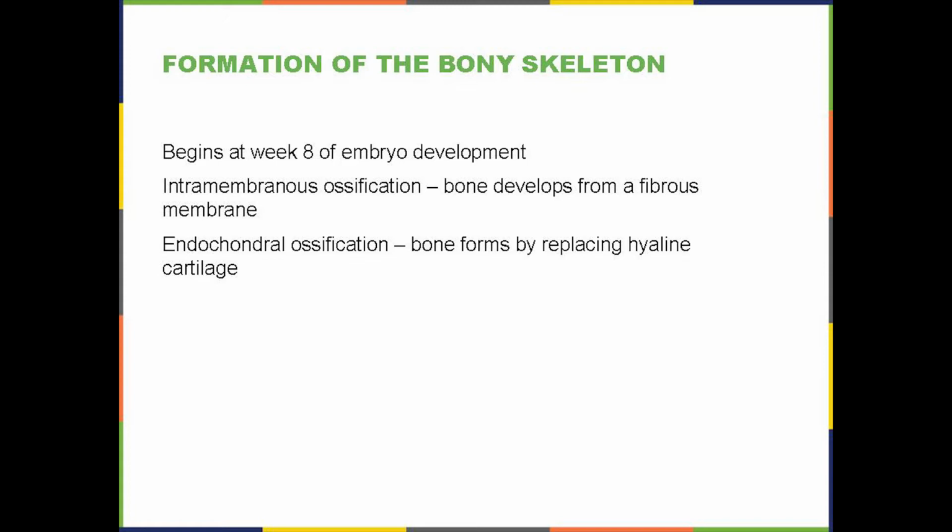It begins within the fibrous connective tissue membrane, kind of around the center, and a bony matrix is secreted into that fibrous membrane. Then spongy bone forms, and we get a periosteum, and then the bony collar forms of compact bone, and then eventually red marrow will kick in.